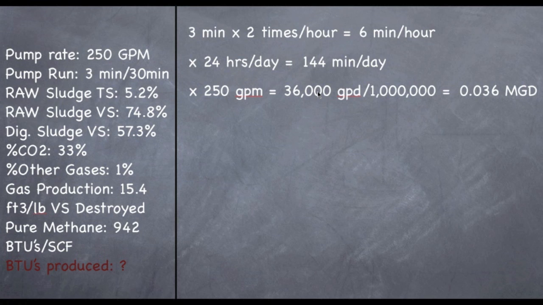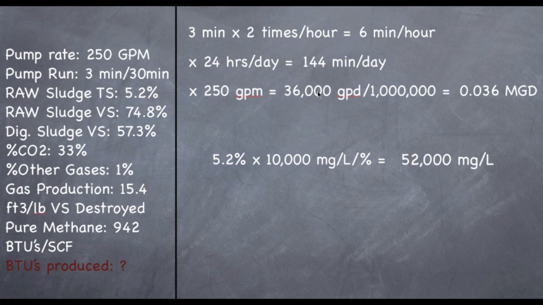So the sludge that we're talking about is 5.2% total solids. If you'll remember, 1% equals 10,000 milligrams per liter. So 5.2% times 10,000 milligrams per liter per percent will give us a concentration of 52,000 milligrams per liter.